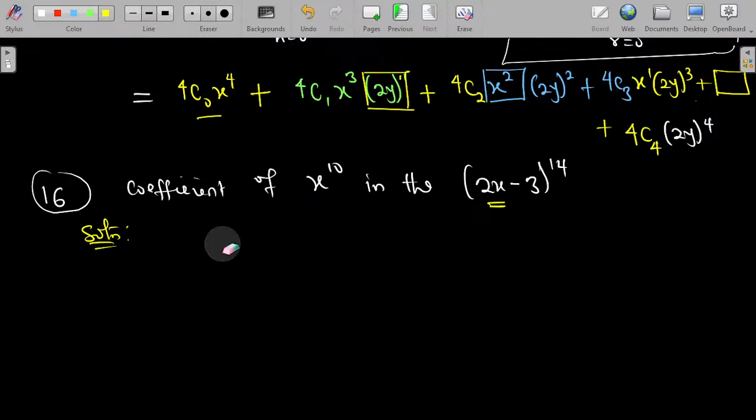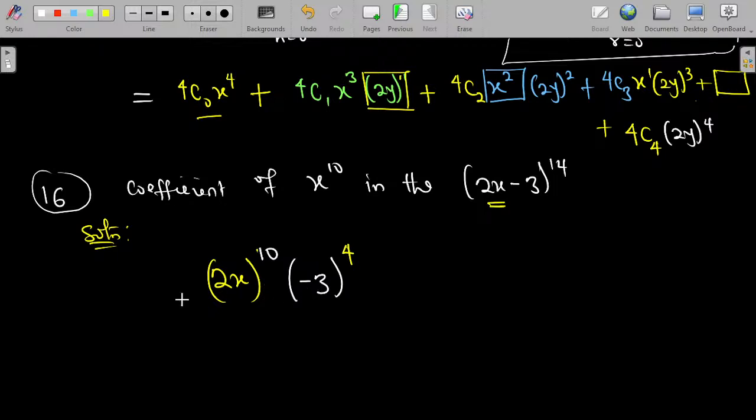My 2x should be to the power of 10. So if my 2x is to the power of 10, the second term, which is minus 3, is now going to be to power what? Remember that the total power should be the power we have here, which is 14. So this one should be to power 4. Okay, so I've gotten the 2 terms.